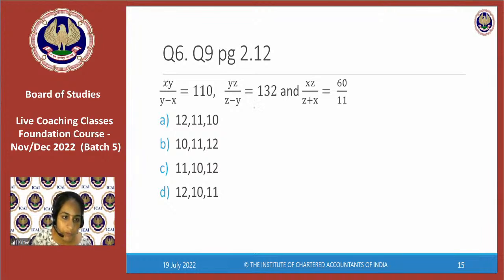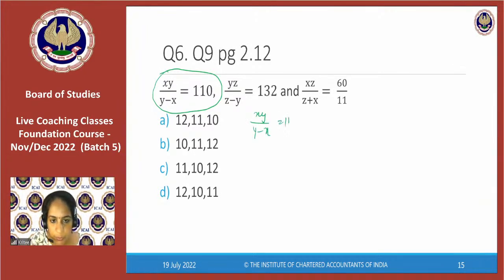But if you have to solve it, what I would be doing is I would pick up this first equation. When xy upon y minus x is equal to 110, take the inverse of it. That is y minus x upon xy will be equal to 1 upon 110. Then separate them out, y upon xy minus x upon xy is equal to 1 by 110.